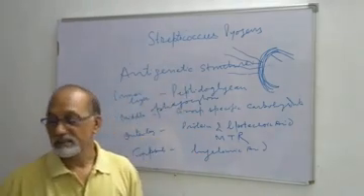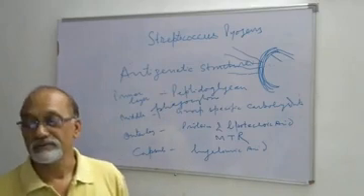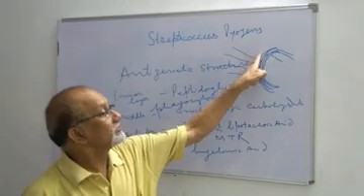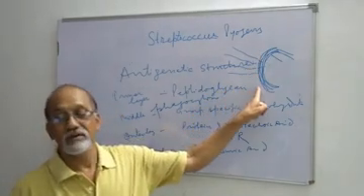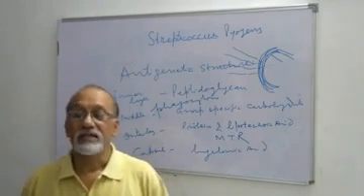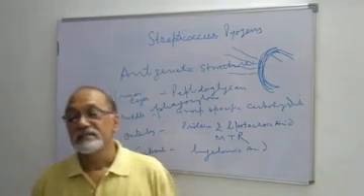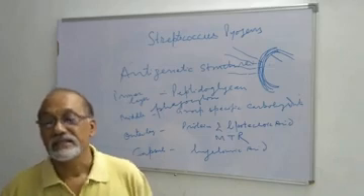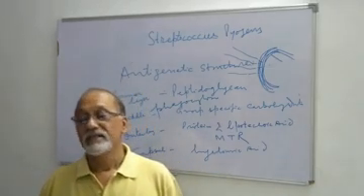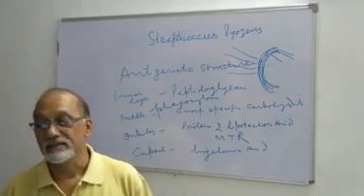Now we will discuss the capsule. The outermost layer is known as the capsule, which is composed of hyaluronic acid, and it is usually present in group A and C streptococci.